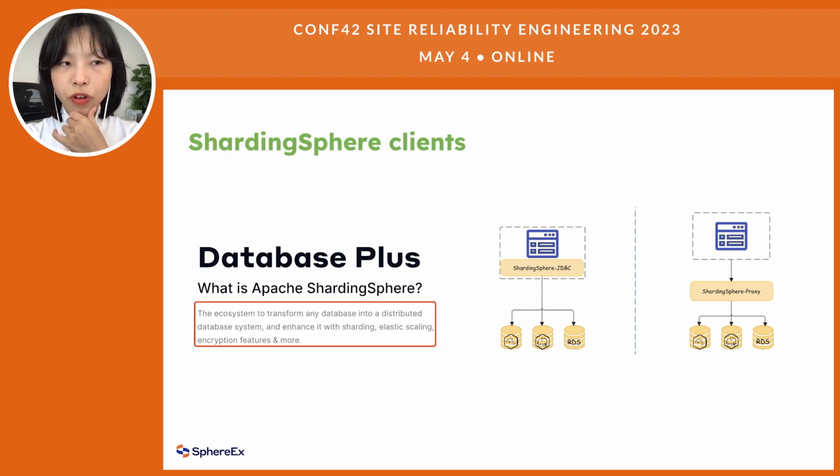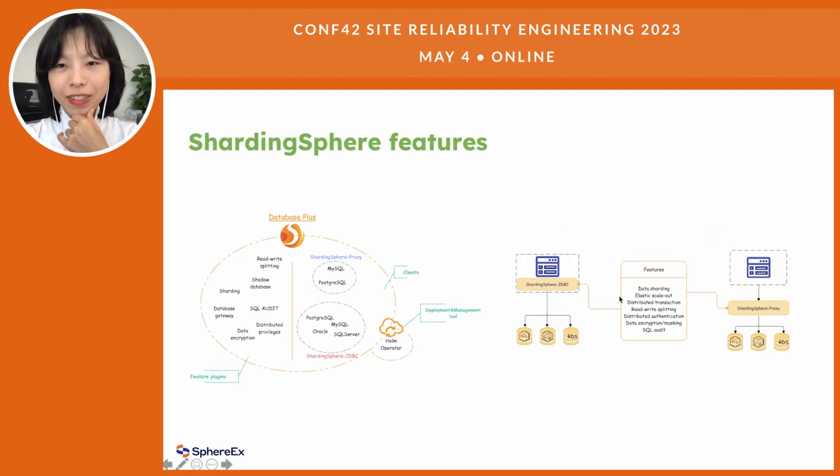And for your Golang or Rust or other development language applications, you can choose the Sharding Sophia proxy. Actually, you need to deploy Sharding Sophia independently. It will really work as a database server. It can also share the same features with Sharding Sophia JDBC, like sharding your data, data migration, read-write splitting, data encryption, data masking, SQL audit, all of the good features.